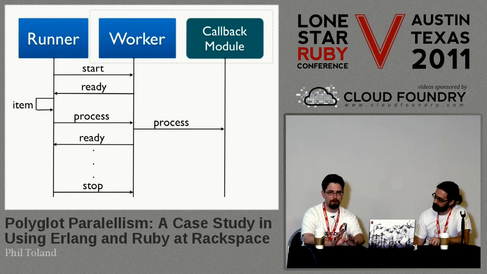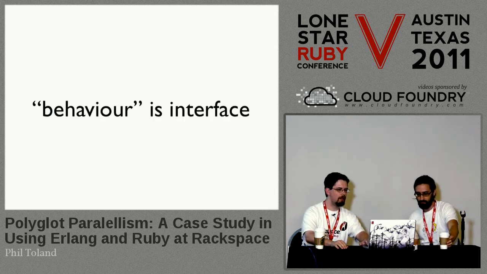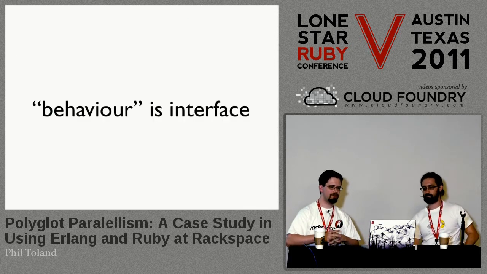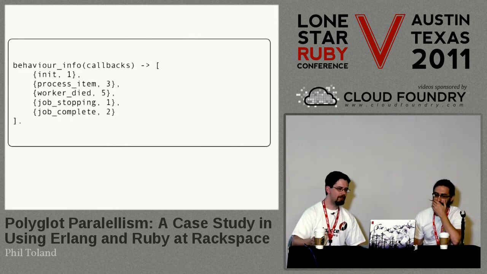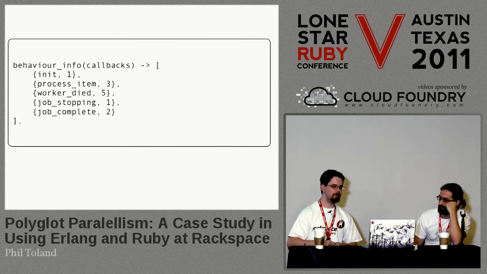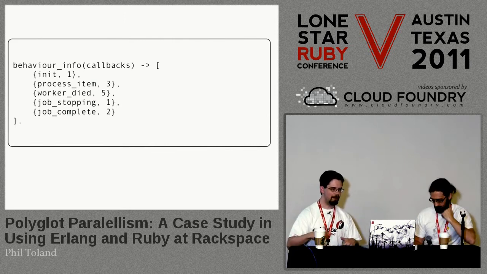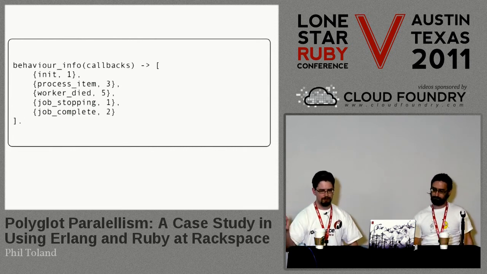So I'm going to show you a couple of code samples from this jobs framework. I'm not going to linger a lot because we're kind of running short on time here. In Erlang, the version of an interface we call a behavior. And so we've defined a behavior that we call a job. The way you define a behavior is you just implement a function called behavior_info and return a list of function names and arities.